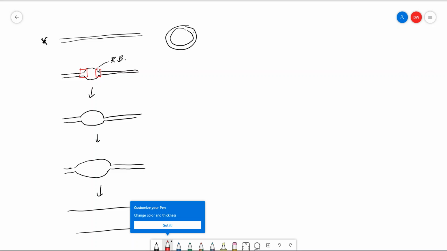Okay, so in reality, there are two replication forks in the bubble. However, for simplicity or whatever reason, some people just show you one of the replication forks, because in fact everything that's happening at one replication fork is also happening at the other replication fork, just they're moving in opposite directions.